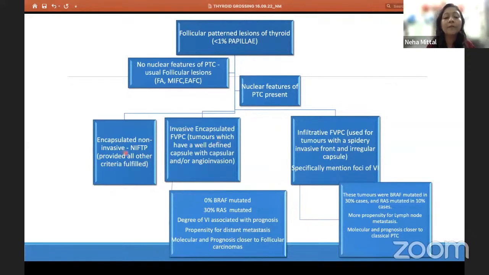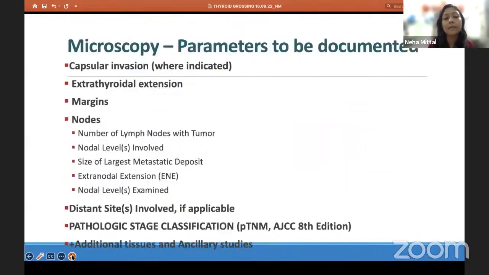And the NIFT-P, where you will not have any capsular or angioinvasion and you will have complete encapsulation. And now the new criteria of negativity for BRAF has also been added for NIFT-P. And also you can now have NIFT-P diagnosis in less than 1 centimeter and even purely oncocytic lesions.